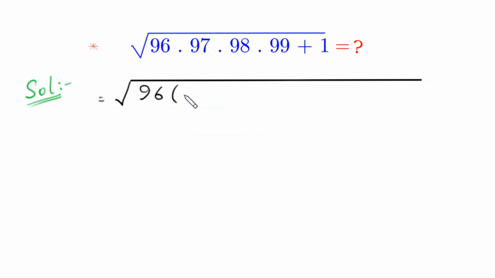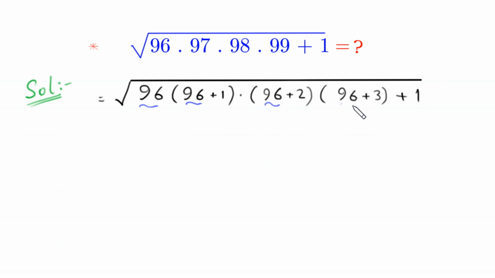96 times this 97 can be written as 96 plus 1, times this 98 can be written as 96 plus 2, times this 99 can be written as 96 plus 3, plus this 1. Now here we have 96, here we have 96, here we have 96, and here we have 96.